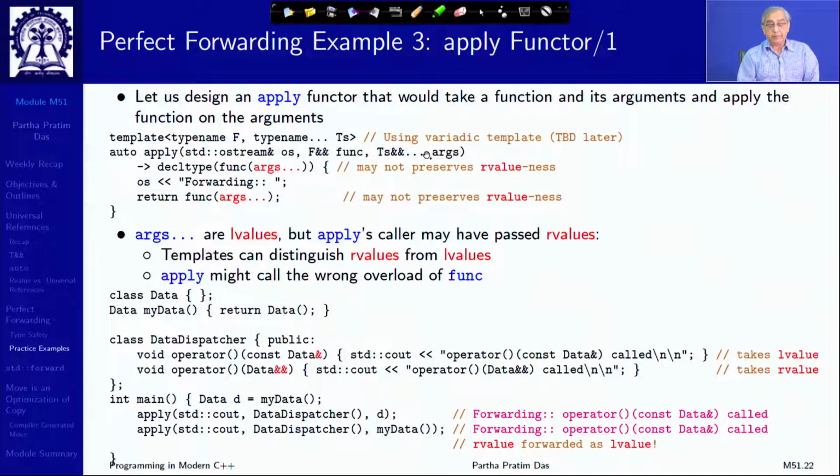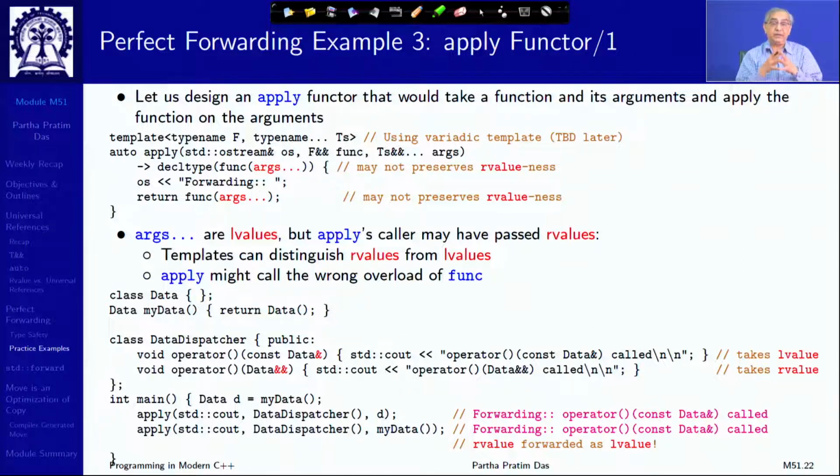The next example is about applying, we call it an apply functor, which takes a function and its arguments and applies the function on the arguments, properly distinguishing the L values and the R values. Again, the solution is developed in 2 steps.